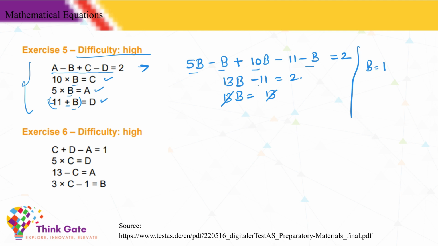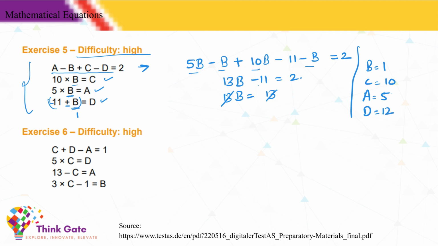Now if b is 1, c is equal to 10, and if b is 1, a is equal to 5, and the value of d will be 11 plus 1, which is equal to 12. So d is equal to 12.